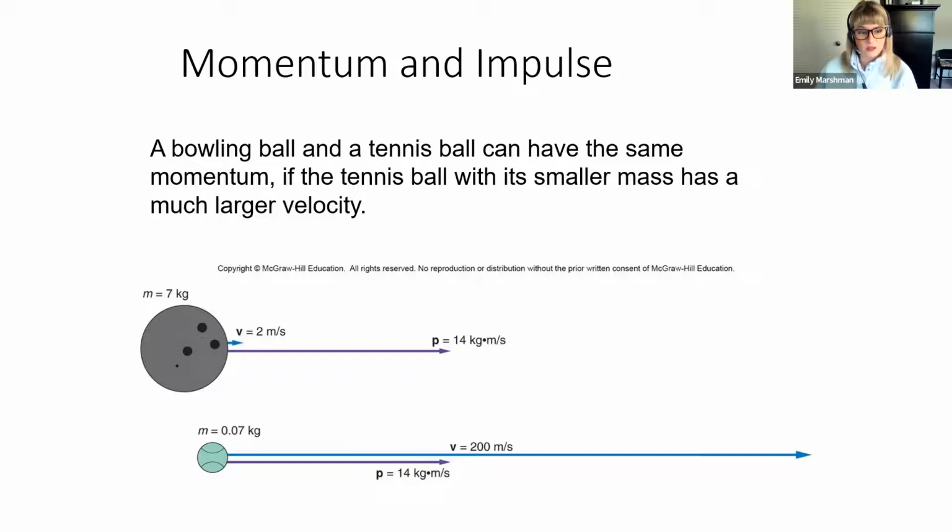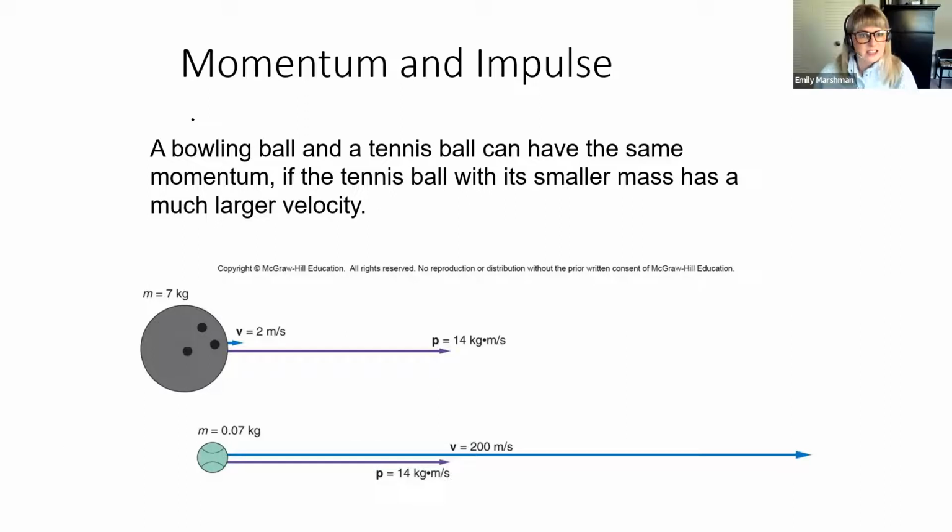If the bowling ball is moving very slowly, it has a large mass, its momentum, its mass times its velocity, is 14 kilogram meter per second. So theoretically, a tennis ball and a bowling ball could have the same momentum. In fact, the tennis ball could have an even larger momentum than the bowling ball if it's moving fast enough. Okay?